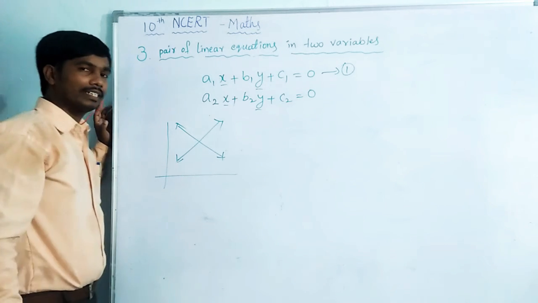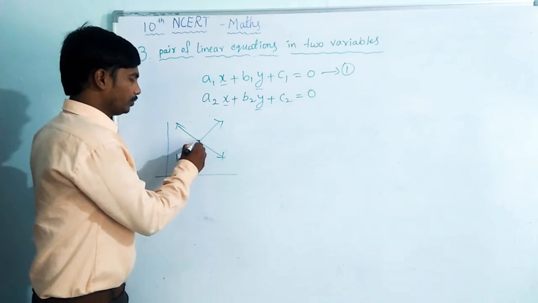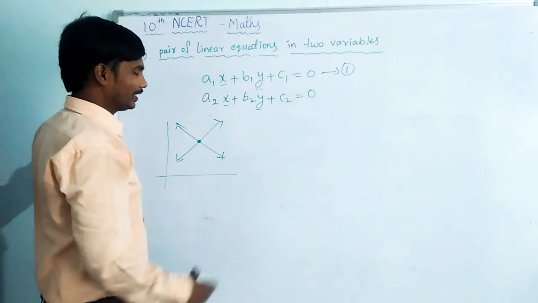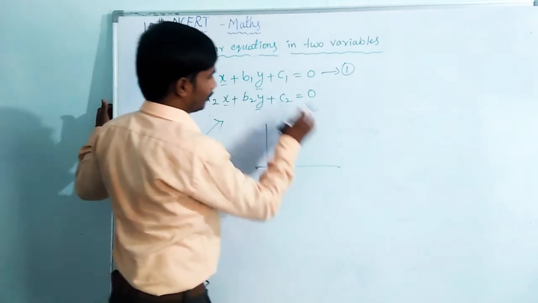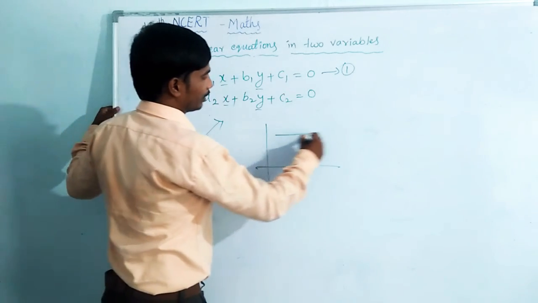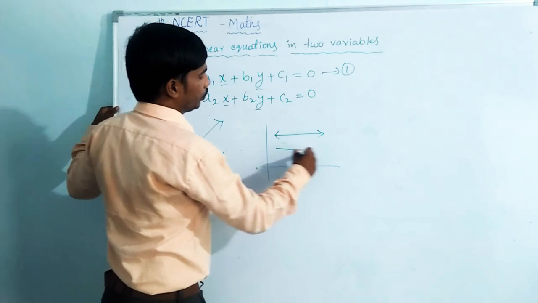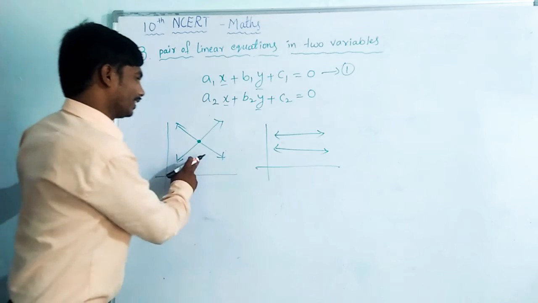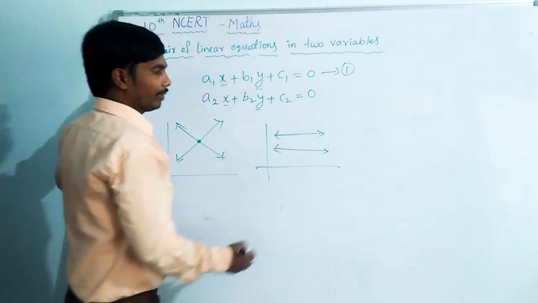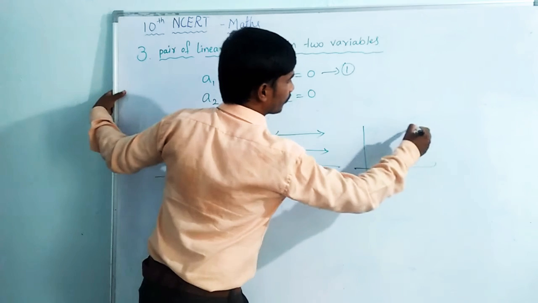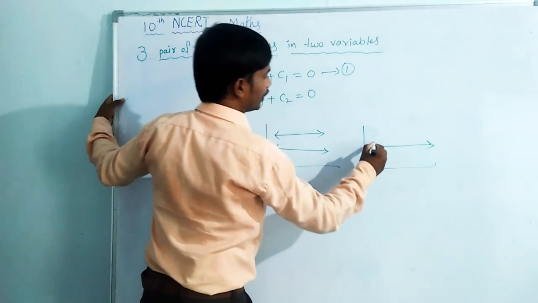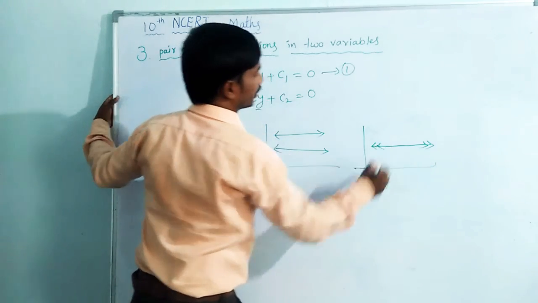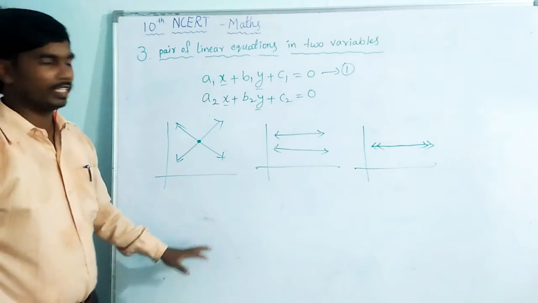If two straight lines are there in a plane, the possibilities are: they may intersect at a point, or they may be parallel to each other, or both linear equations may coincide with each other. These are the three possibilities.